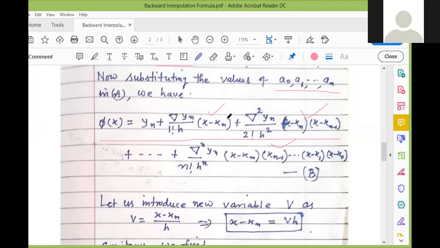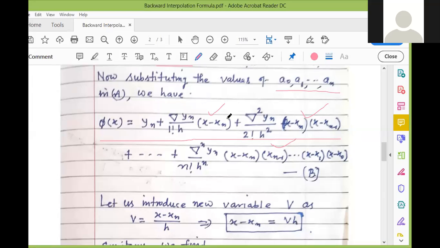Okay, as usual, in the case of Newton's forward interpolation formula, we had introduced a new variable. I had told you that the new variable is introduced with the help of a new origin and a new scale. So here the scale is also changed, that has been made h, and the origin is also changed, that has become xn.